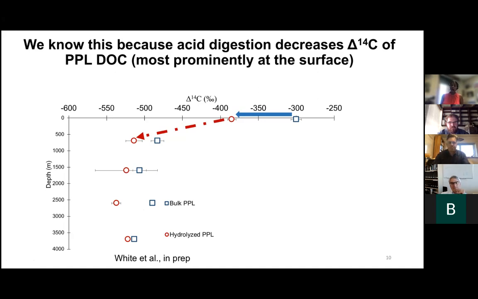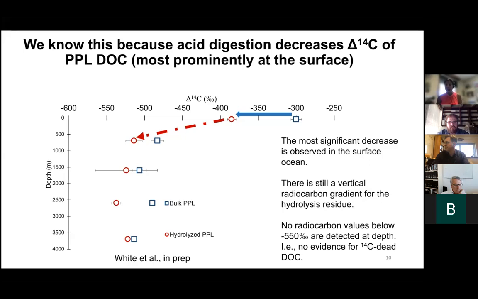But in general, we still see a gradient for this refractory component, i.e. it's not fully mixed up and down the water column, and we don't see evidence of something that's radiocarbon dead. So the most significant decrease is observed in the surface ocean, but there's still this vertical gradient in radiocarbon, and we don't see any values that exceed -550 per mil. So there's no evidence of this dead component.